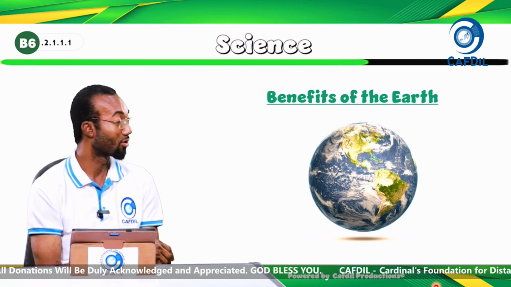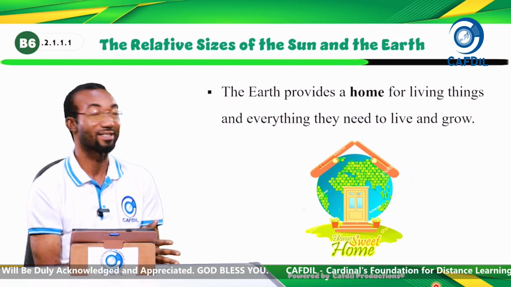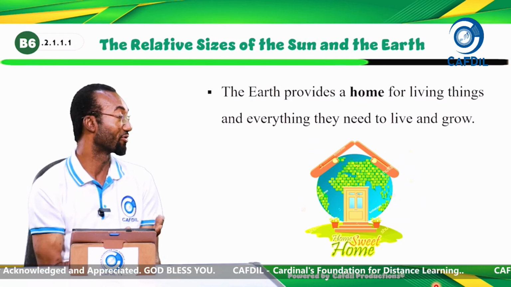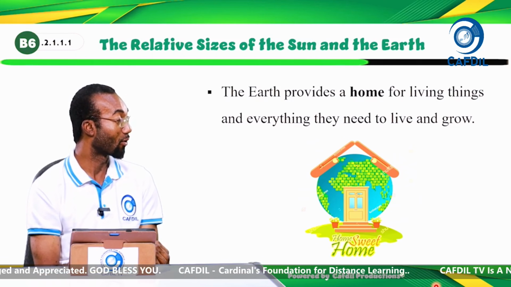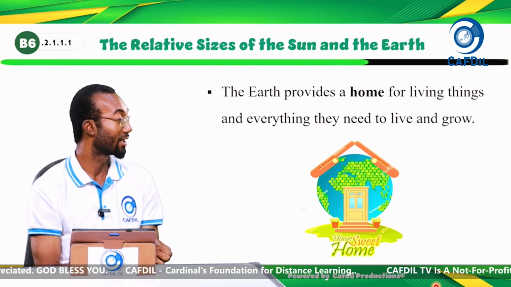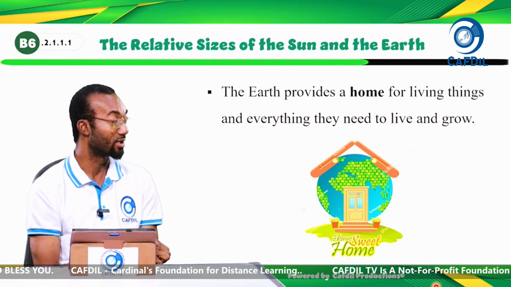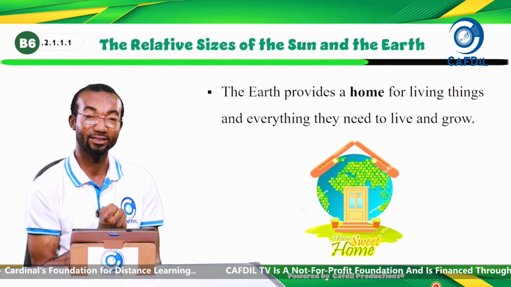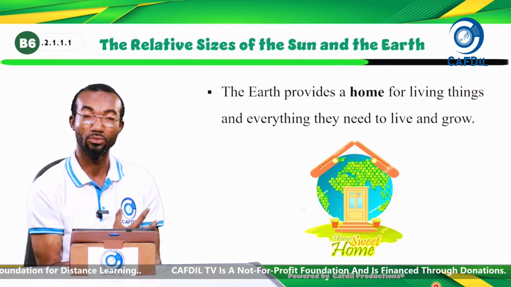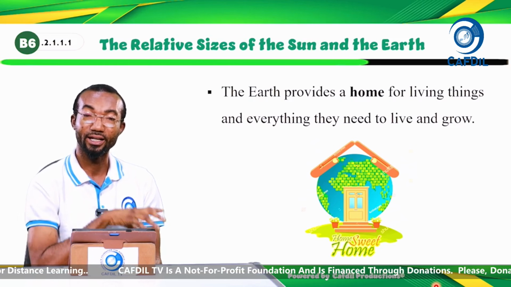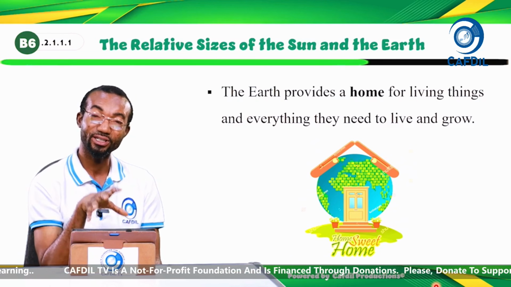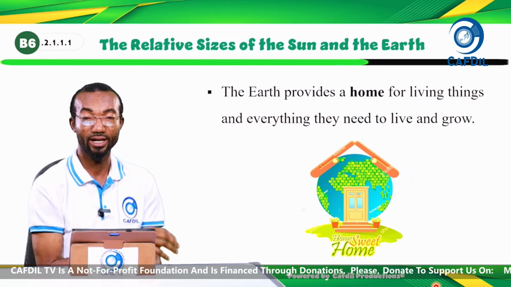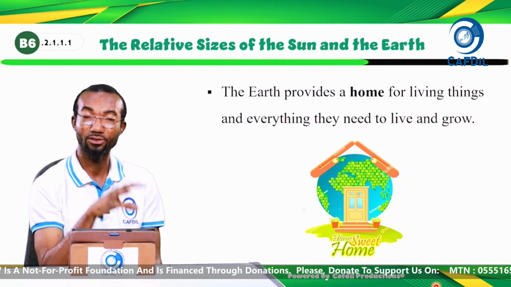Now let's look at the benefits of the earth too. The earth is small. So what benefits does the earth being small also provide? The earth provides a home for living things and everything they need to live and grow. Even though the sun is bigger, the earth also gives us a home and shelter. We have soil on the earth that helps plants to grow.